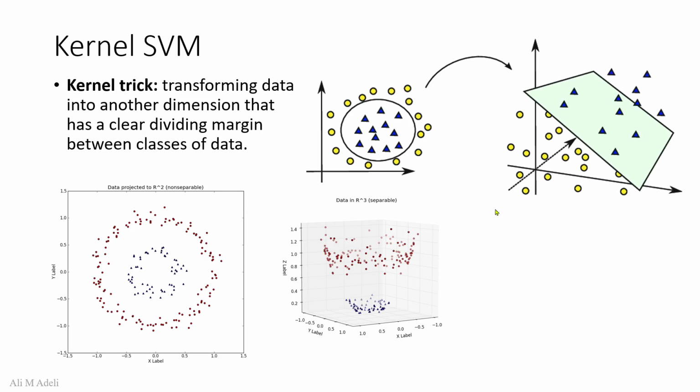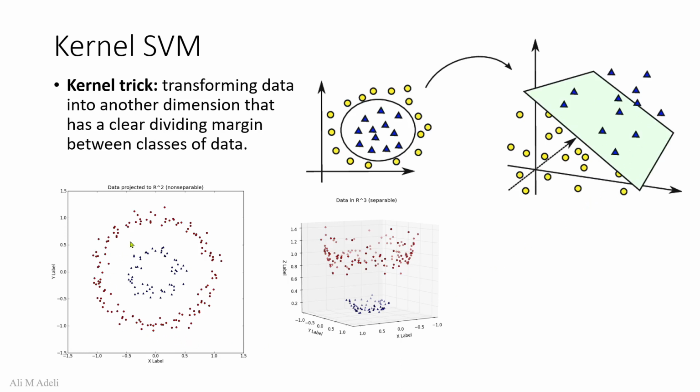So for example, if we had this data set, basically this is the data in our original dimensions. It's two-dimensional. But if we would take it to 3 dimensions like this, we would be able to perfectly separate these two classes having this two-dimensional hyperplane, right?